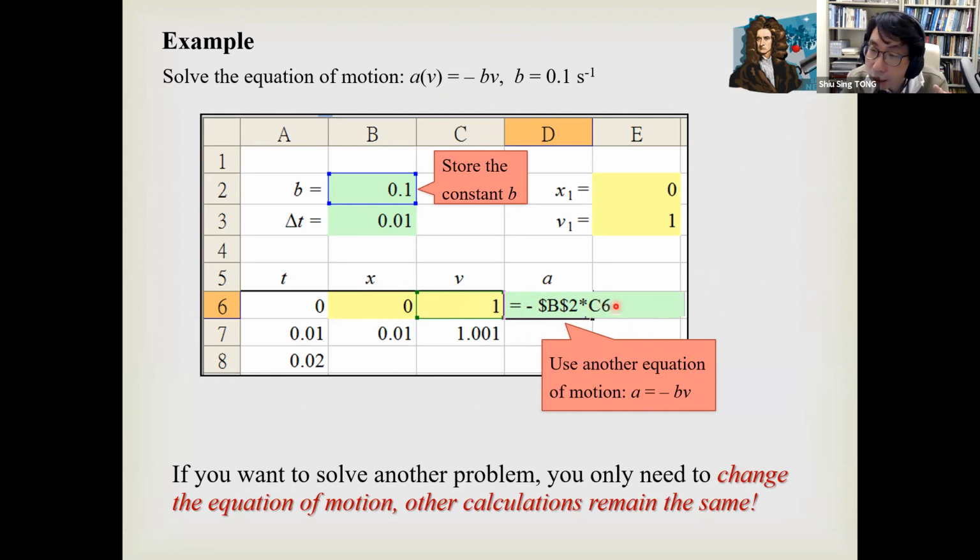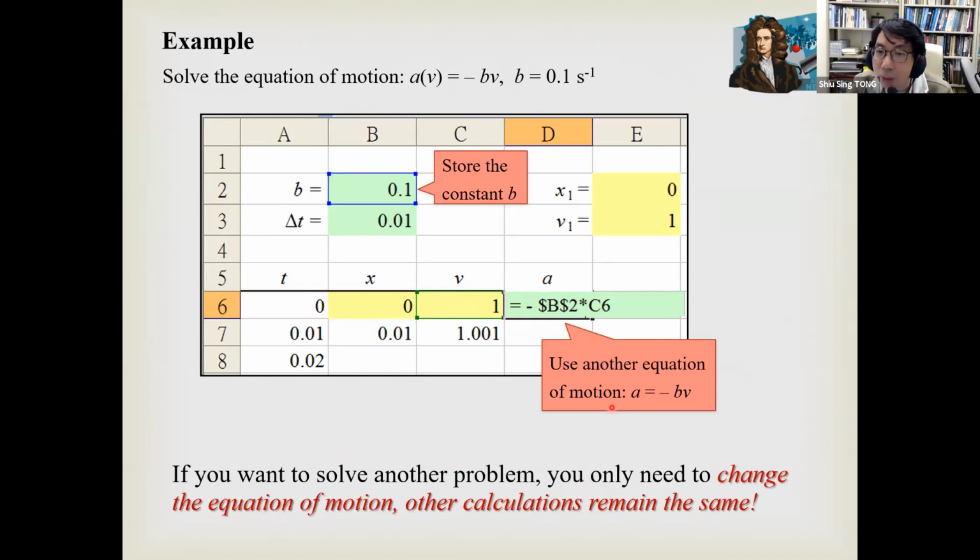So I write C6 here, the value stored in this cell. So I press enter and I copy the whole thing downwards and I just finish the calculation. Now, if you want to solve another problem, you only need to change the equation of motion.